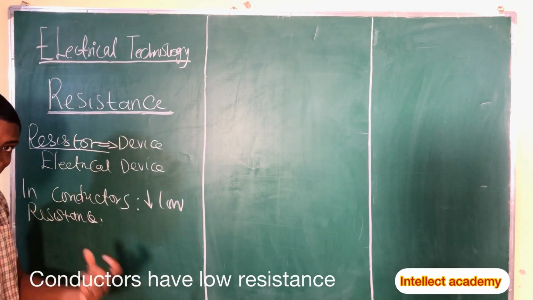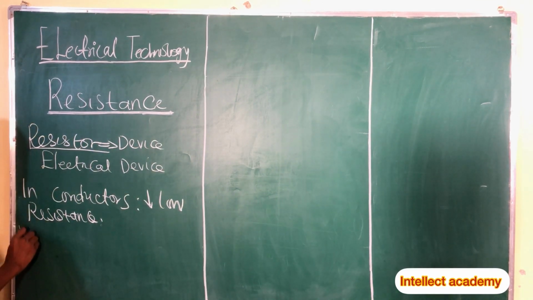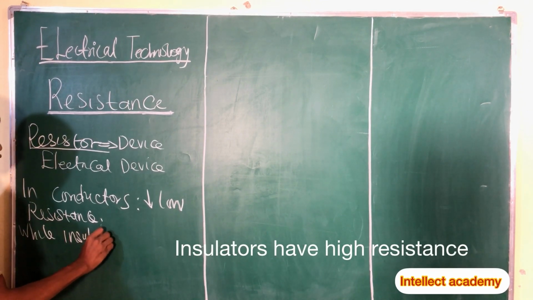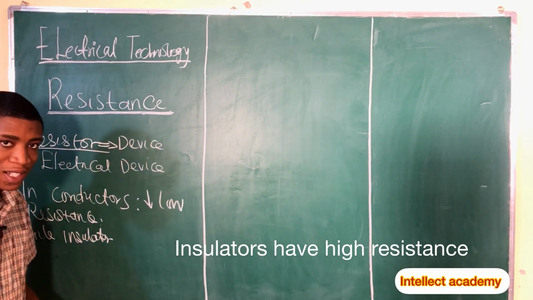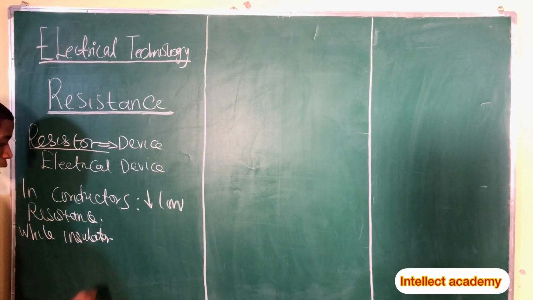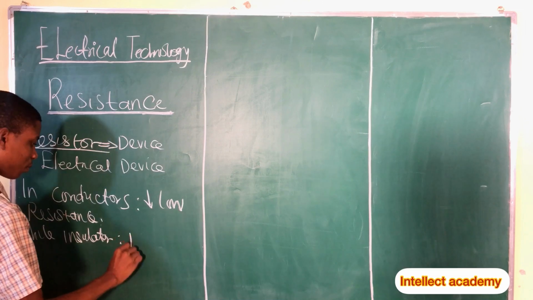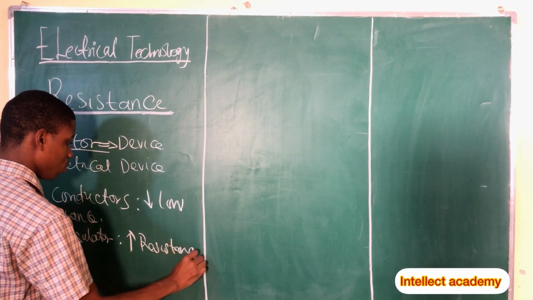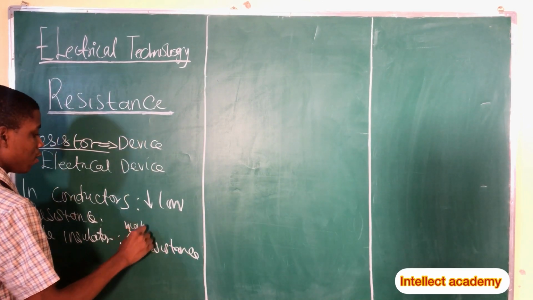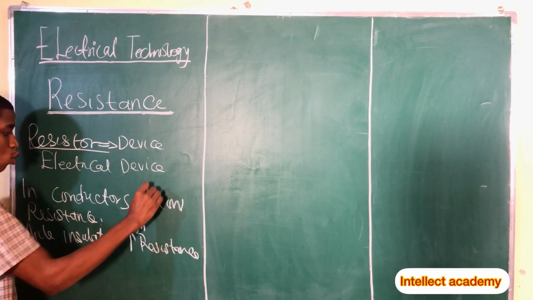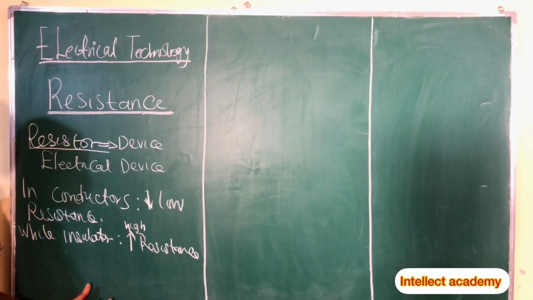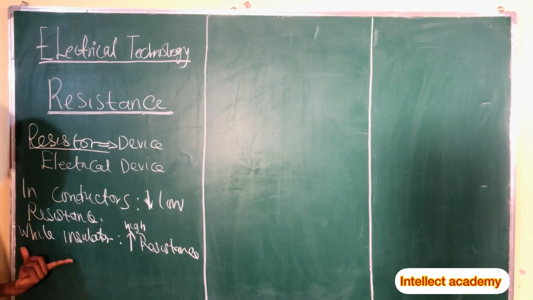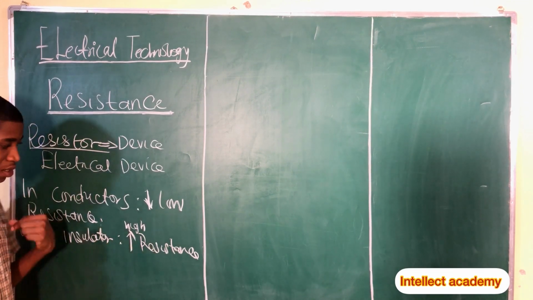Conductors have low resistance, while insulators, of course, we know that insulators are materials that do not allow current to flow through them, have high resistance. So this signifies high, while this signifies low. So that is very important. You should know that conductors have low resistance and insulators have high resistance.